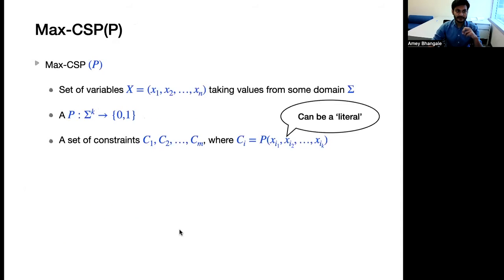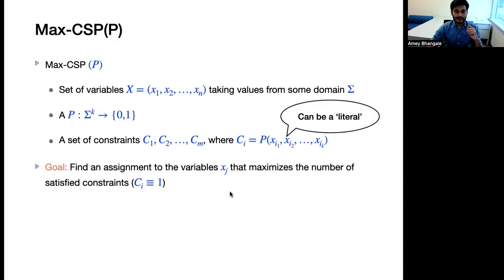So next, let me define CSPs formally. Here we fix a K-ary predicate P on sigma. The variables take values from the domain sigma, and each constraint is the predicate applied to a set of K variables. In order to make this problem interesting, for every predicate, we allow literals instead of just the variables, for a properly defined notion of literals.